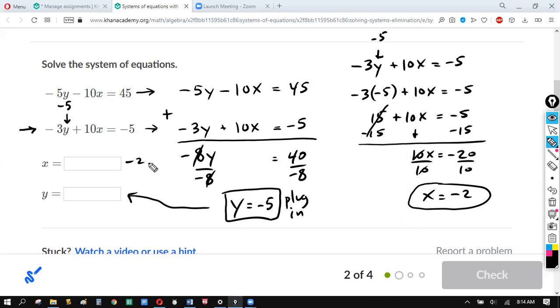Okay? So when you solve for one variable, plug it into either equation. Pick whatever one is easier. So x is negative 2, and y is negative 5.